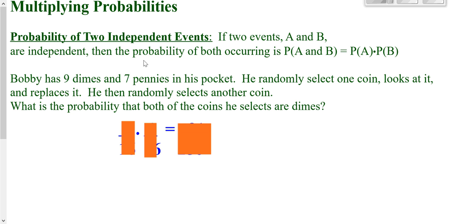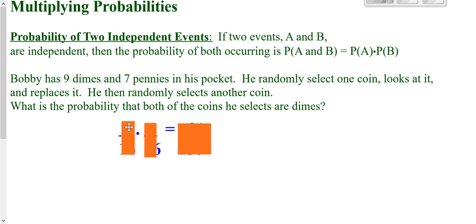Multiplying your probabilities. If you want the probability of 2 things occurring, you can just multiply those together. So here we have 9 dimes and 7 pennies. They're randomly selecting a dime, looking at it, and putting it back in. We want to know what's the probability that they're both dimes.